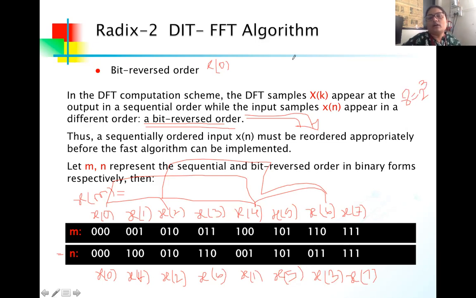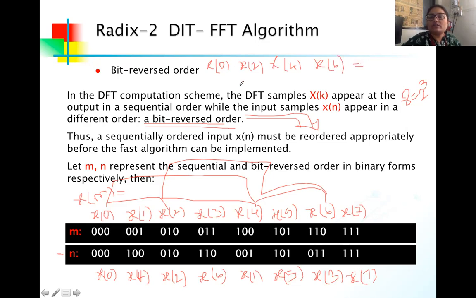Here I'm going to show you the partitions. This is x0; even numbers we are collecting: x0, x2, x4 and x6. These are the even numbers. This is the first partition, the first division.